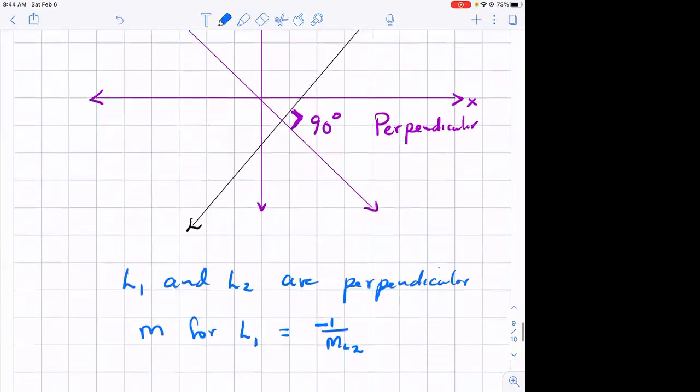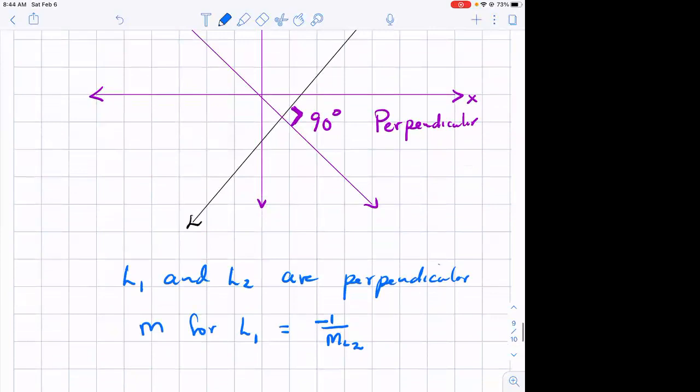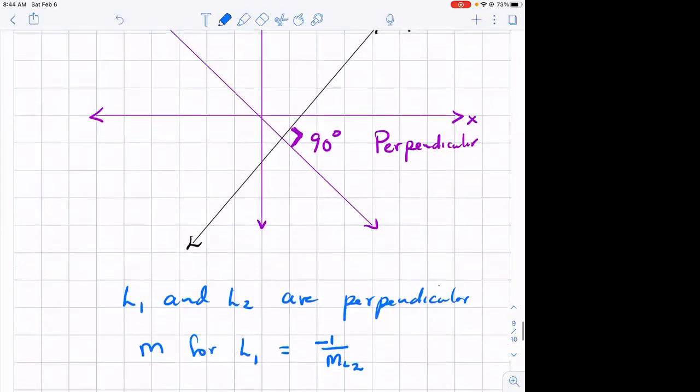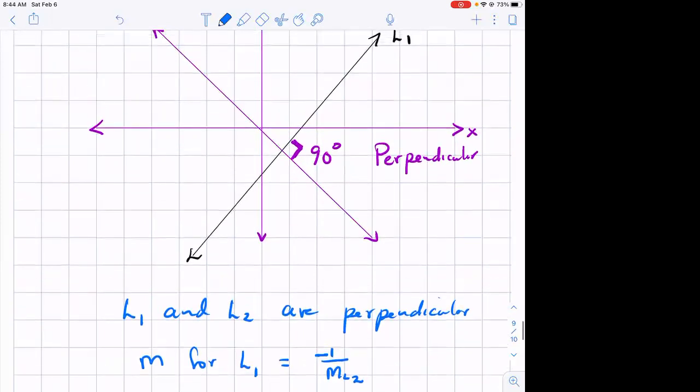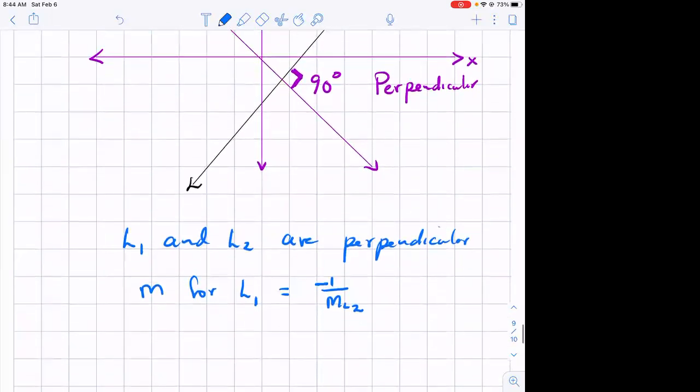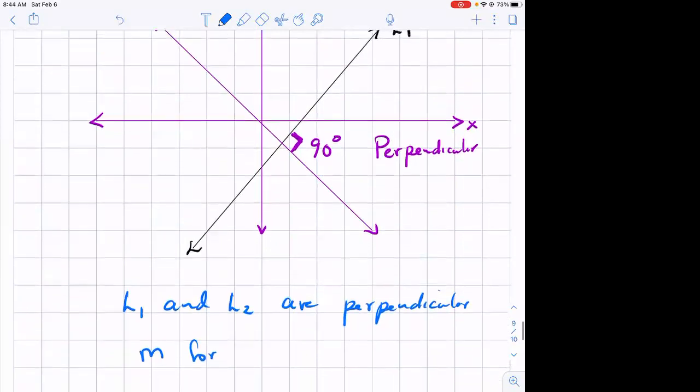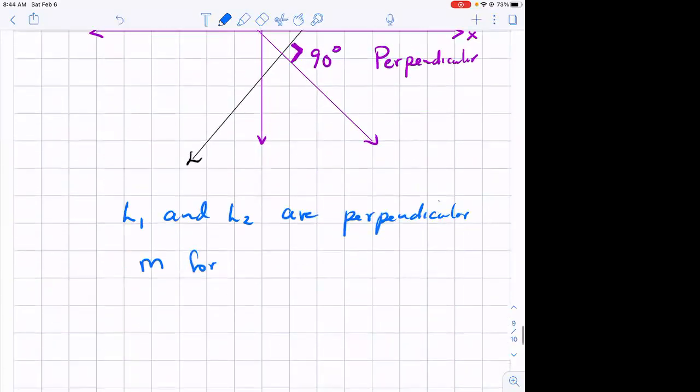Okay. Let's just make sure we have the notation correct. So line 1 slope is positive. So I need to change that. Okay. So M of line 2 is going to be the negative reciprocal of M of line 1, sorry.